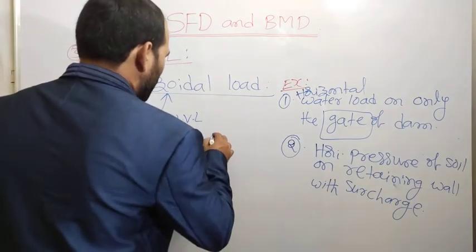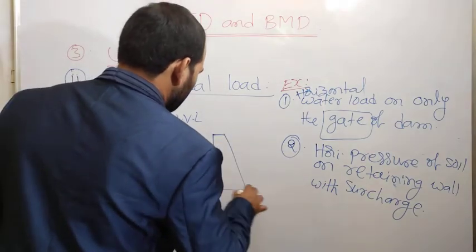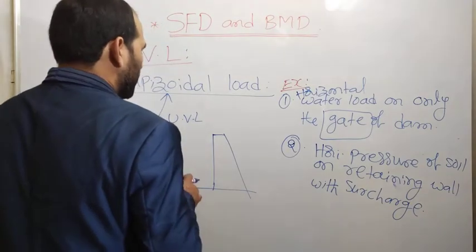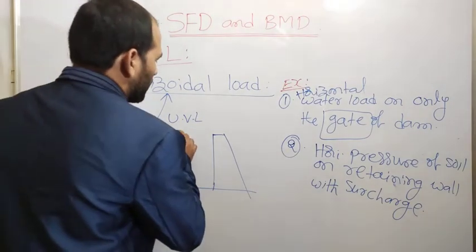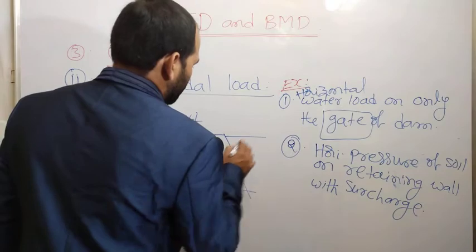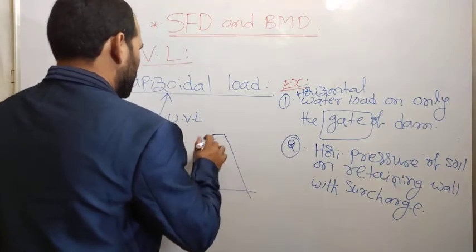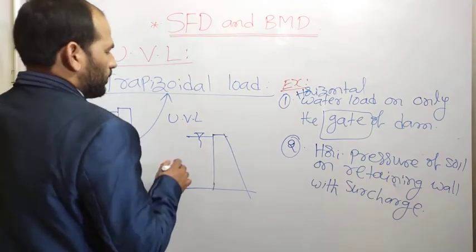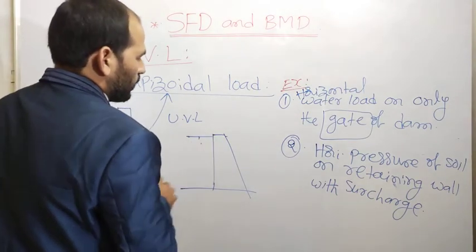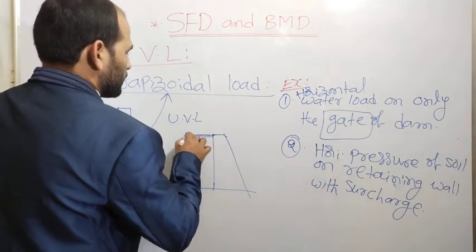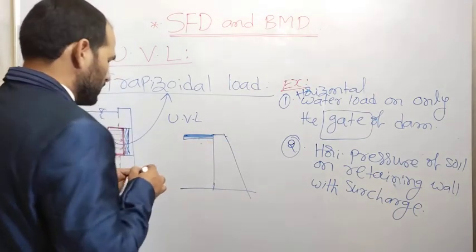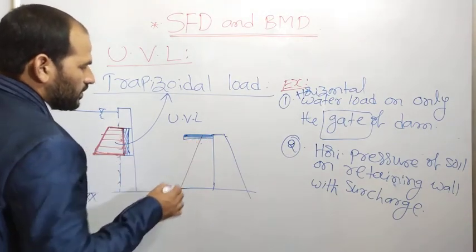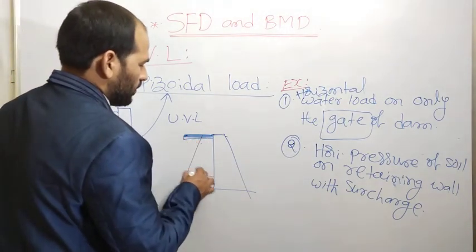Next one is a retaining wall. The retaining wall has a load. It is the soil load on the retaining wall with surcharge. This weight is called a UVL load.